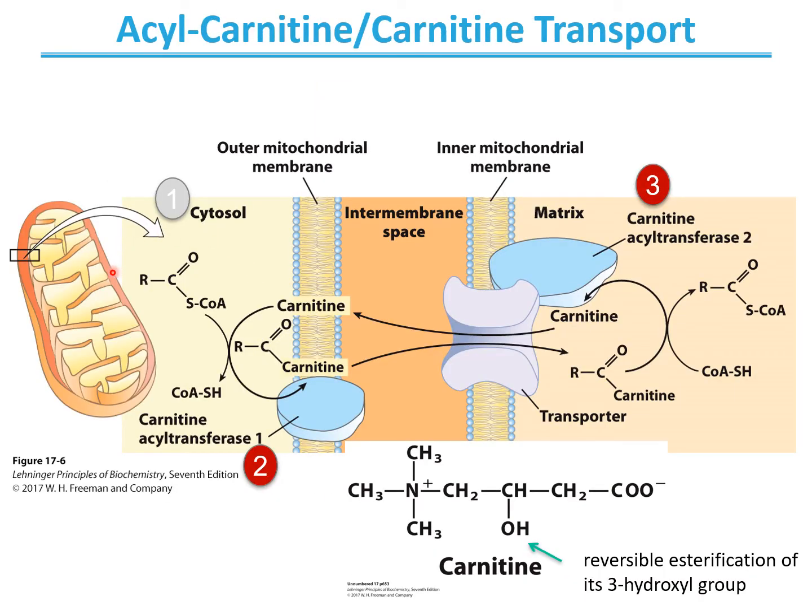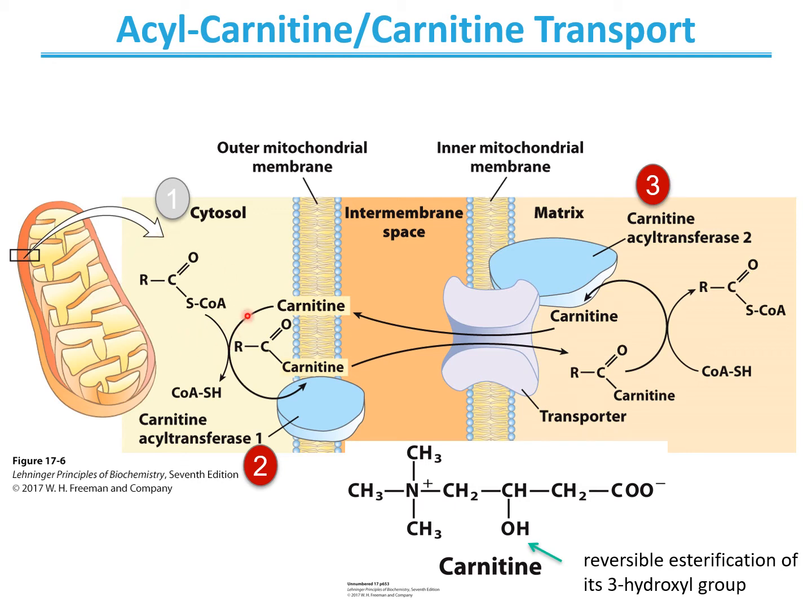Let's pause for a second and look at our fatty acid CoA. If you remember, this is also a molecule that was used during biosynthesis of TAG, in the first step generating phosphatidic acid and then generating TAG.